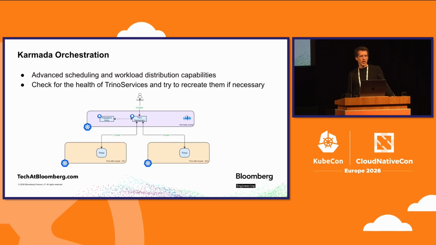Karmada continuously monitors the state of those Trino deployments, and if a Trino deployment in a member cluster becomes unhealthy, whether it's due to node failures, resource pressure, or any other issue, the controller detects and attempts to recreate the Trino pods. So Karmada is really the orchestration bridge between our declarative Trino API layer used by the user and the actual multi-cluster runtime that runs the Trino pods.